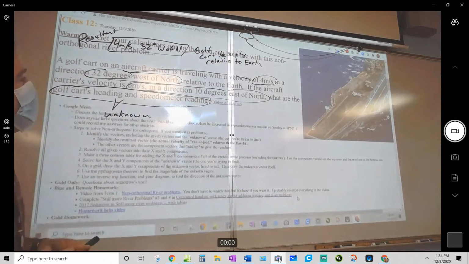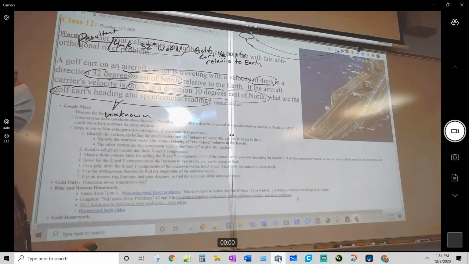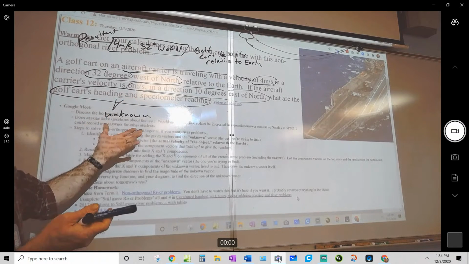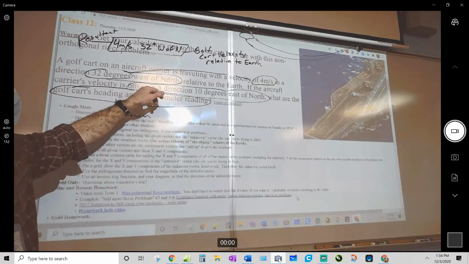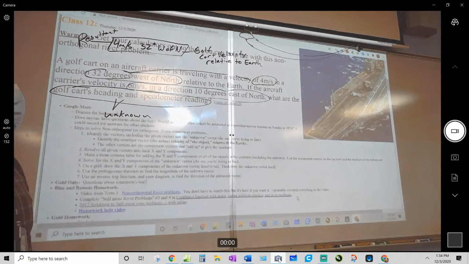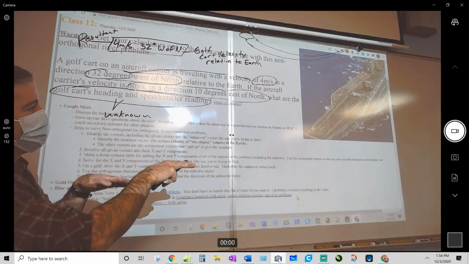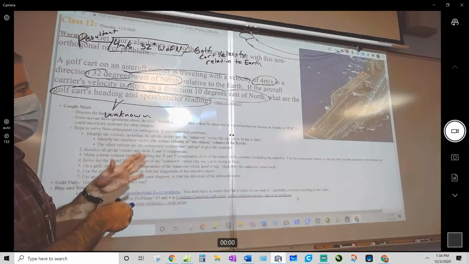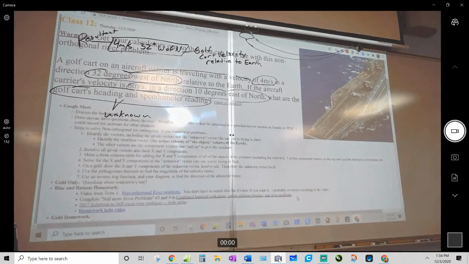So it's going to be something's velocity relative to the Earth. In this case, it's not the aircraft carrier's velocity relative to the Earth, because the golf cart's heading and speed is going to have no bearing on the movement of the aircraft carrier. The movement of the aircraft carrier plus the way the golf cart's trying to go, those two are going to add up to the golf cart moving like it does.